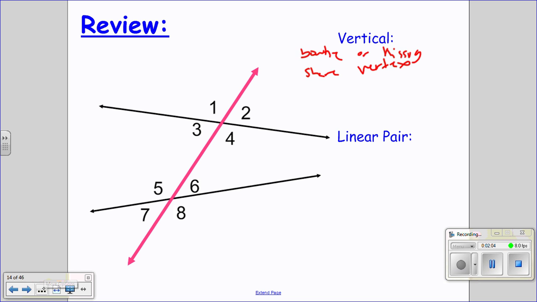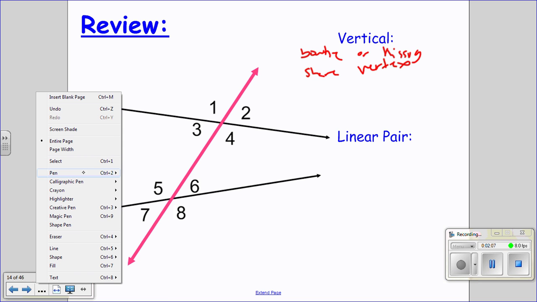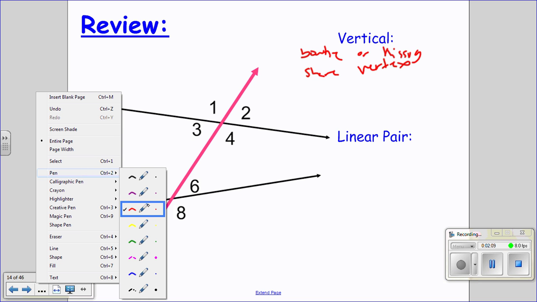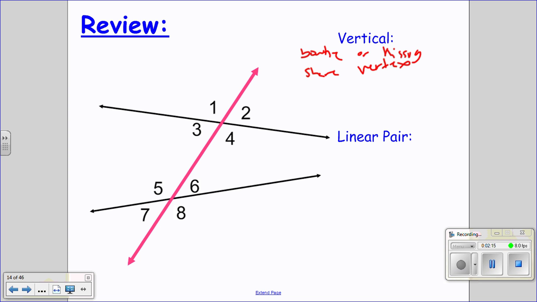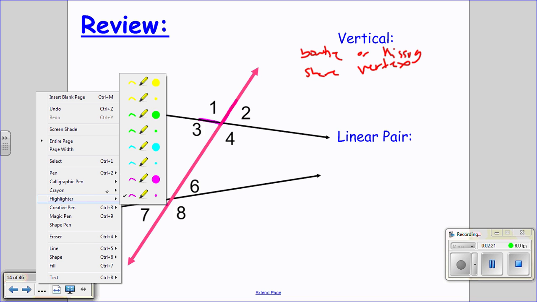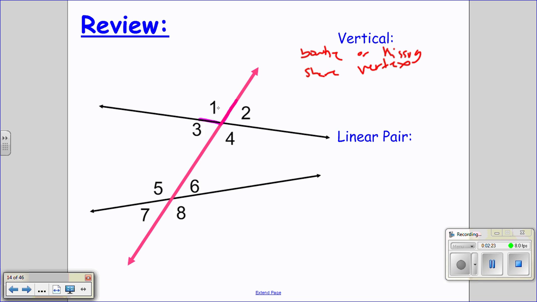So we have a couple of pairs of vertical angles. One pair would be angle 1 together with angle 4. Again, because they only share the vertex, and together they form a perfect X.